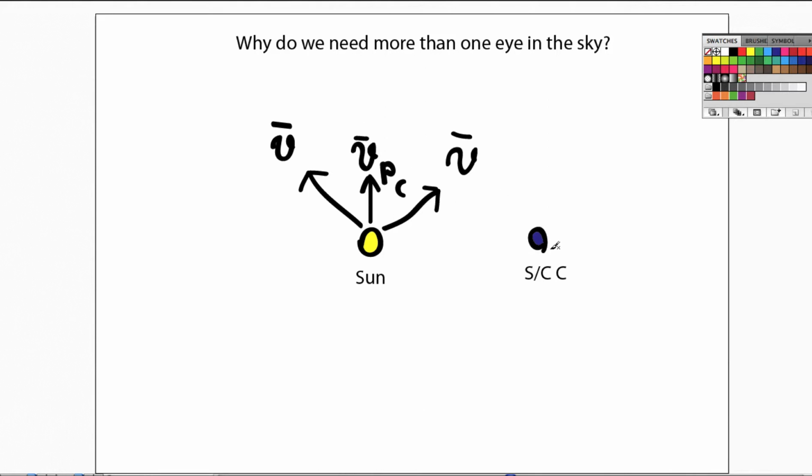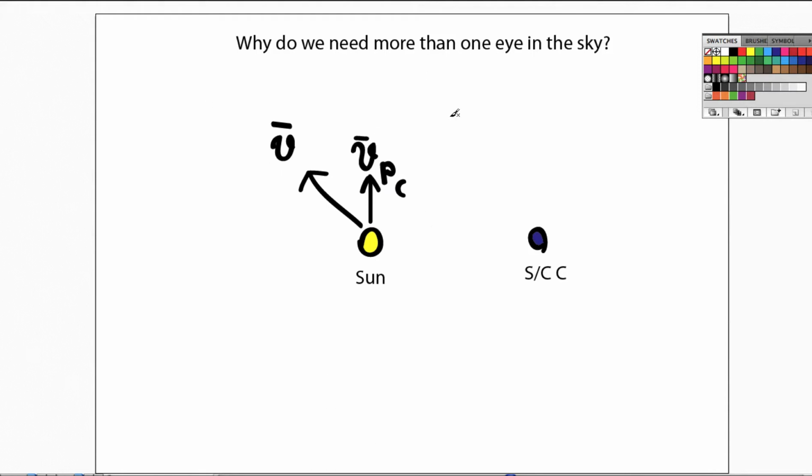So just by using observations from one single spacecraft, we are not able to tell which one of these is the correct answer. That's the fundamental problem that we need to address by using more than one eye in the sky.